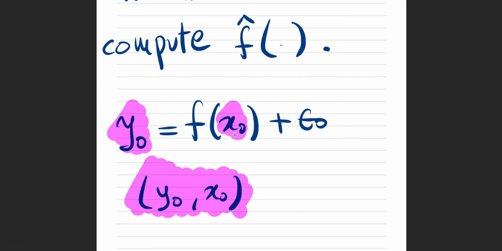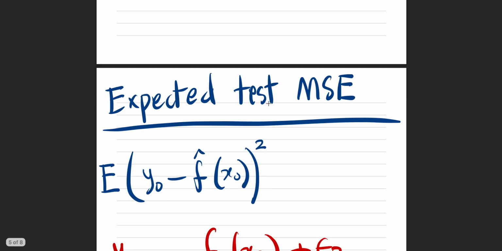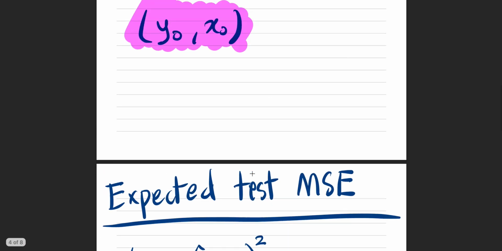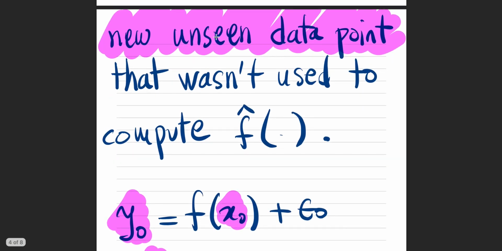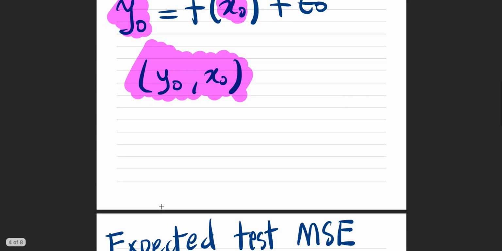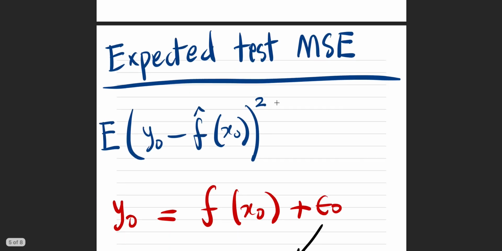There is an x0, it goes through this function, independent noise with zero mean and variance sigma squared is added, and we see this. And the question is, what is the expected test error? Why do we call this test? Because it's a new unseen data point. So the unseenness of this data point makes this a test MSE as opposed to a train MSE.